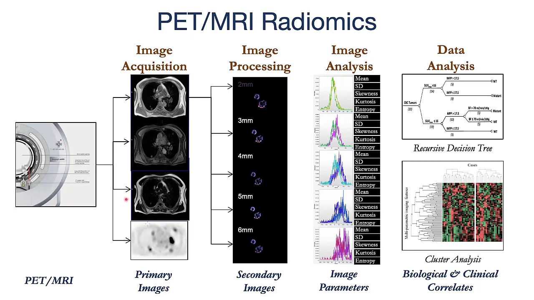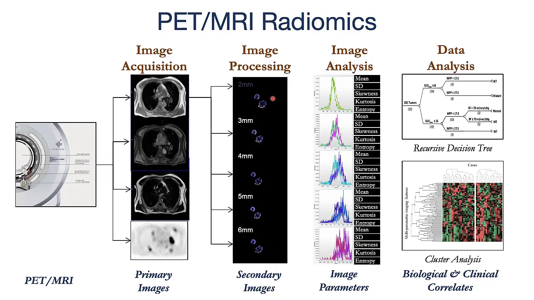And so with PET MRI, we can end up with a very large number of measurements. We have a large array of primary images. We can then process each one of those, for example, with this texture mapping that I described earlier.